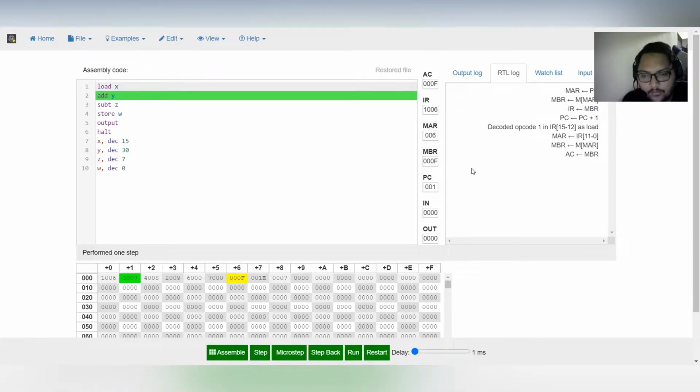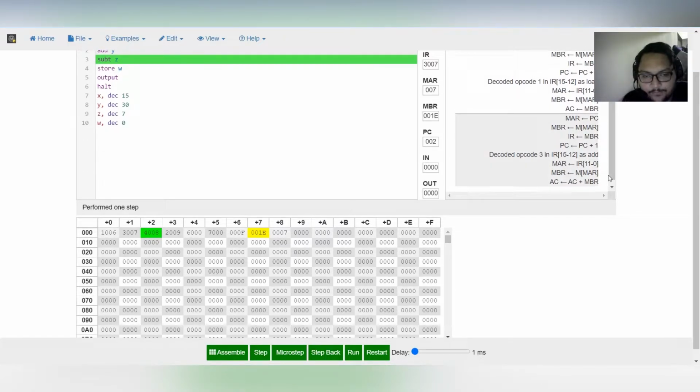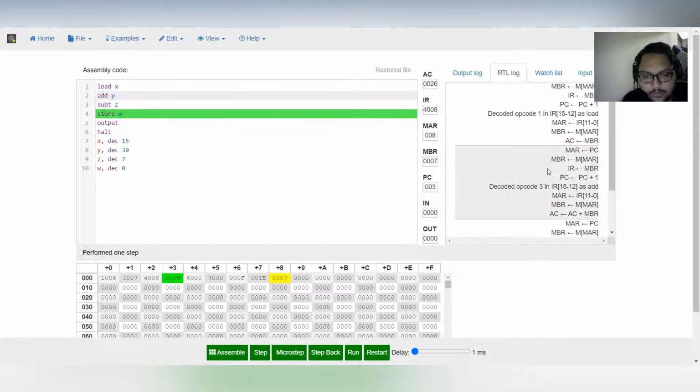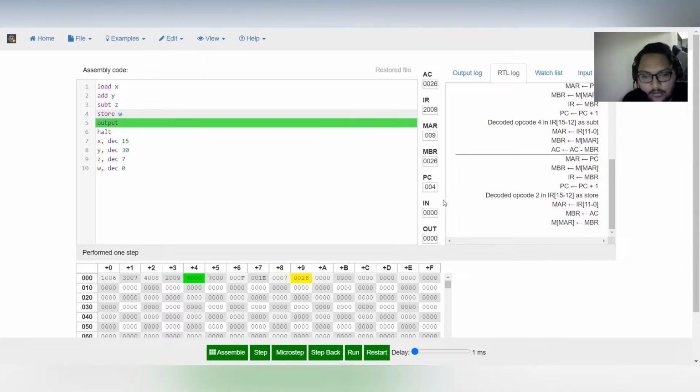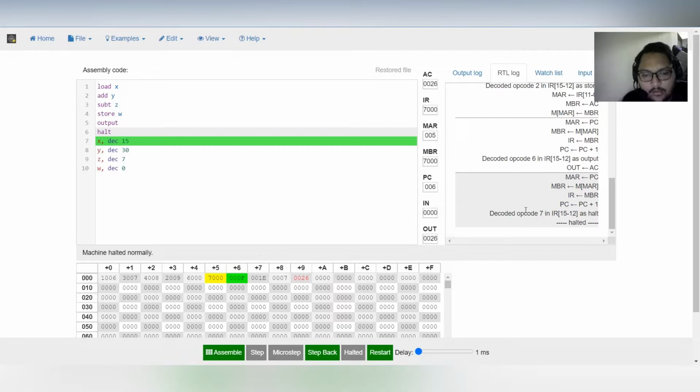First we go to Load, and this is the RTL log for the load. Next is the RTL log for the addition of Y, and for subtracting Z. Then this is for the output, and this is Halt, which will stop the program.